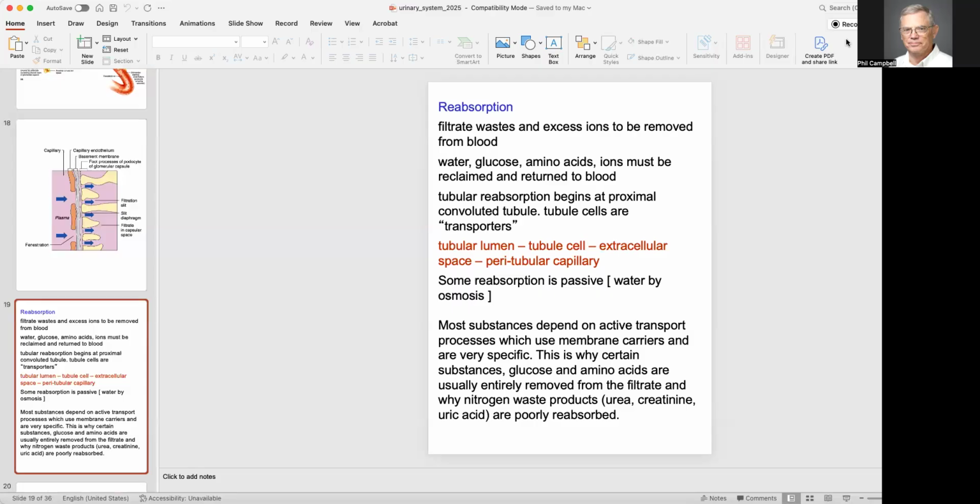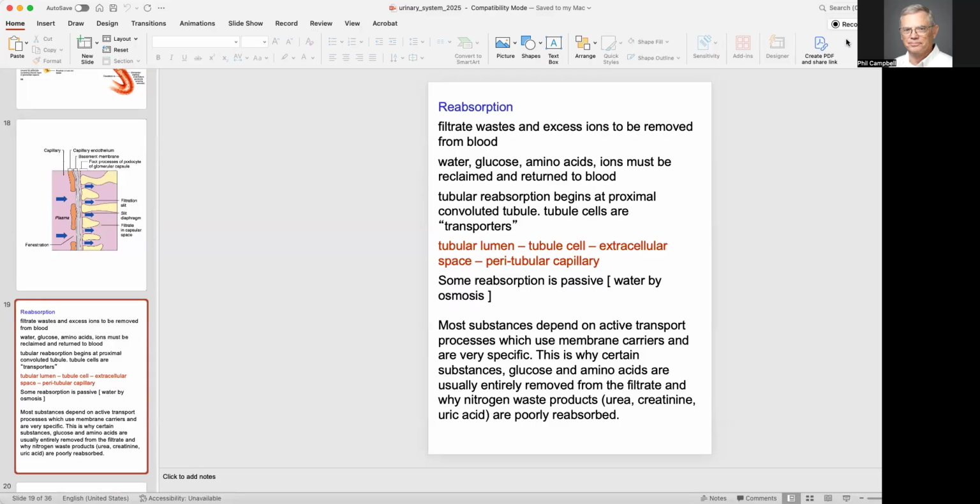Now, reabsorption is distinct from filtration because it's specific. Filtration is only specific due to size, but it's non-specific otherwise. Reabsorption is specific for the particular molecule we're talking about. First off, remember, water is always transported via osmosis.